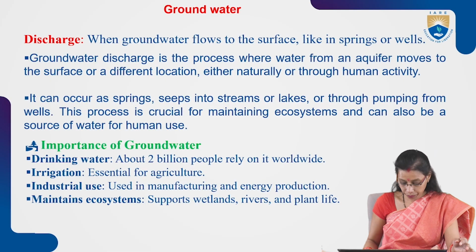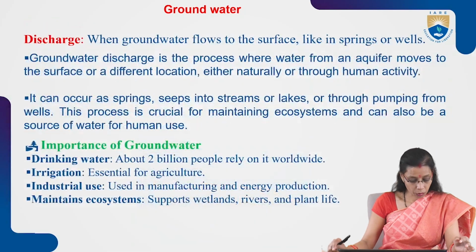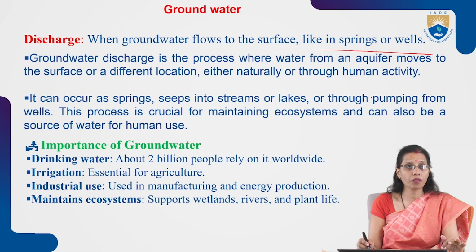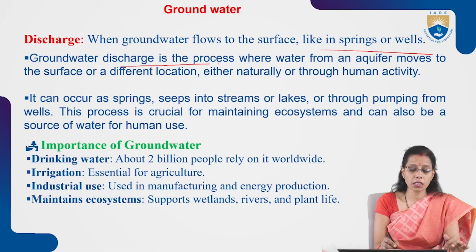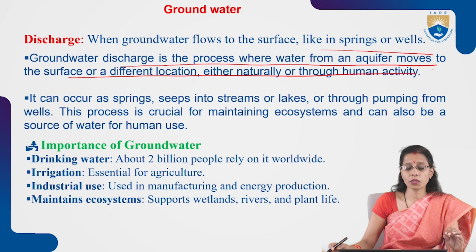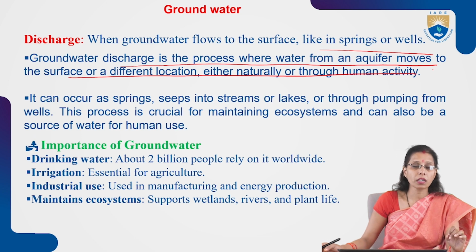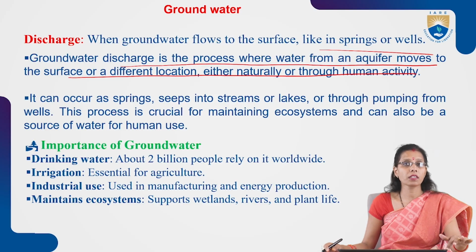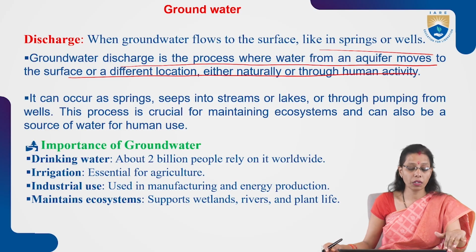Discharge, basically, when you talk about discharge here, it is when groundwater flows to the surface, like springs or wells. So groundwater discharge is the process where the water in an aquifer moves to the surface or to different locations, either naturally or through human activity. So it can occur as a spring, as seepage into streams or lakes, or through pumping from wells.